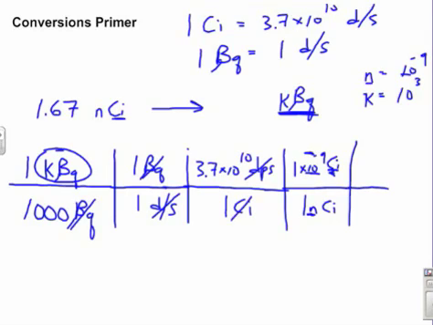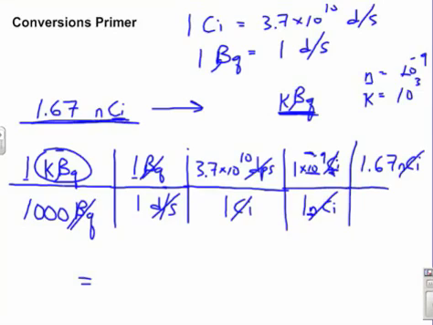All right. So now our curies can cross out, and now we have nanocuries, and now we can use our information from the very beginning that the amount of radioactivity we had at the beginning was 1.67 nanocuries. You can cross out the nanocuries, and now all of a sudden, all you have left is the kilobecquerels. So we take 1 times 1, and really, that's what you do in these railroad tracks.